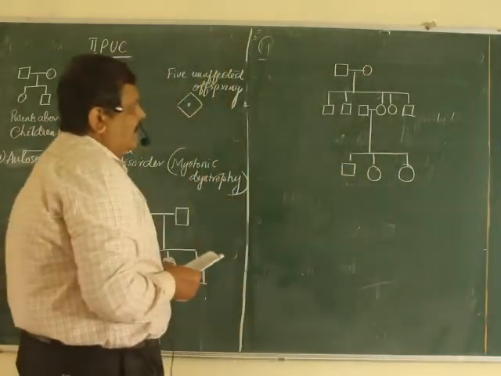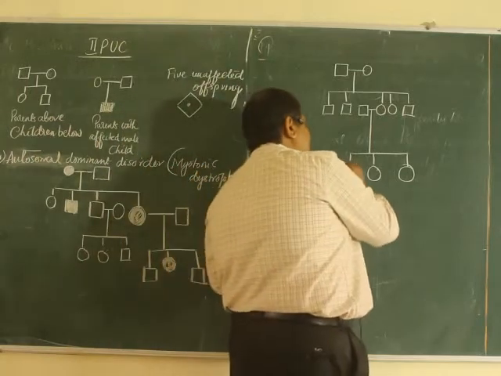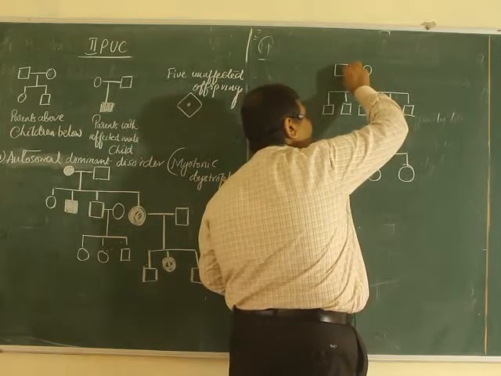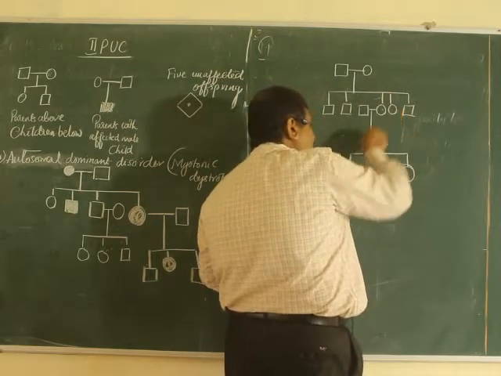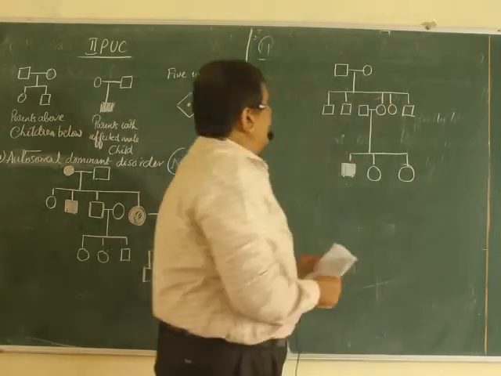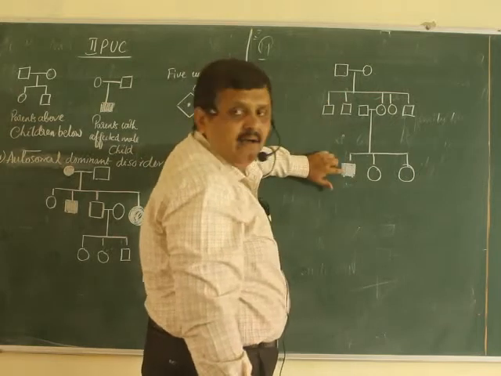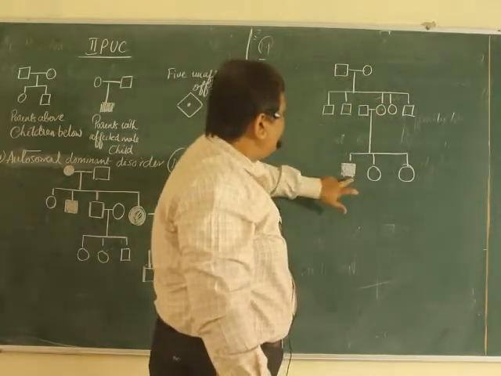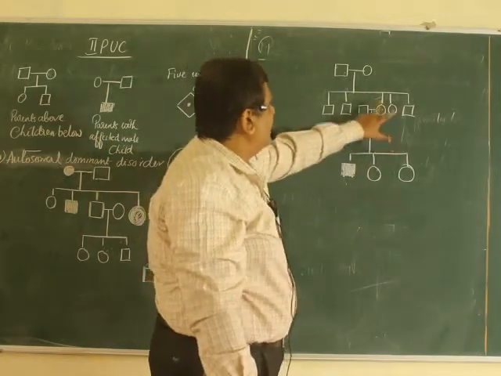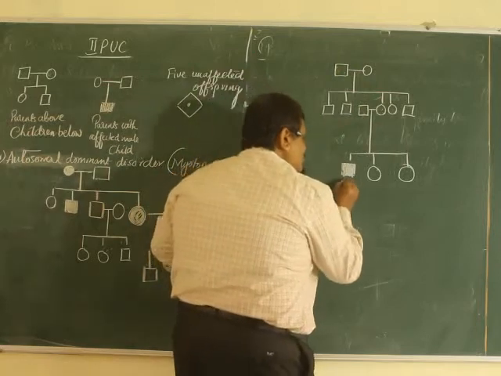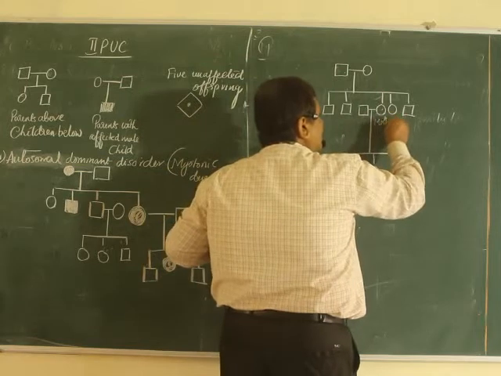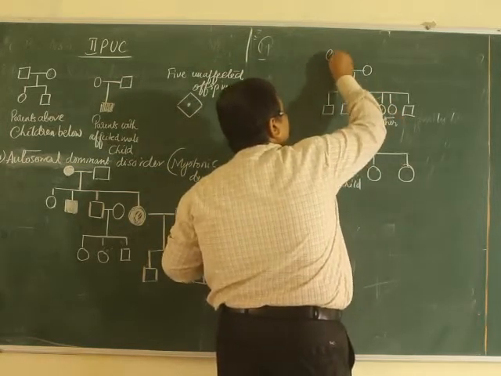Here you can see the disease was there in the mother, which was transferred from grandfather to his daughter, and from there to the male child in a crisscross manner. The grandfather of this child gave that disease to the mother of this child. I will write it here: child, mother, grandfather.